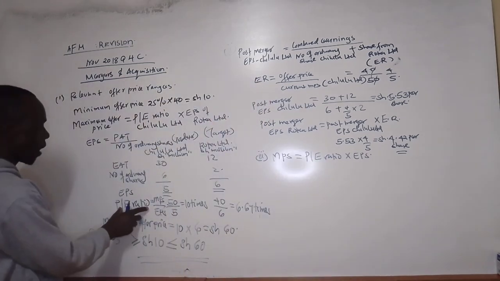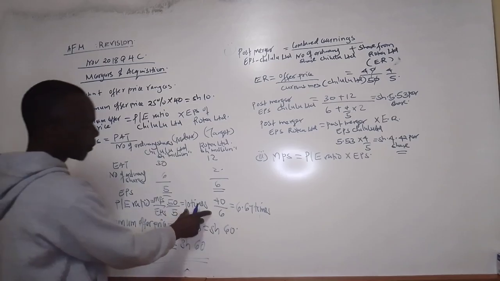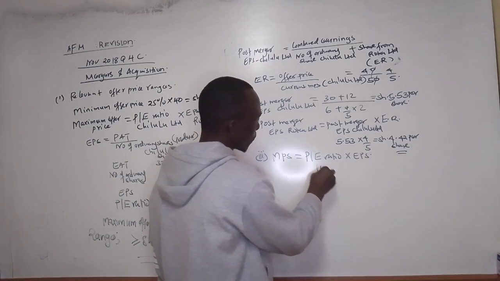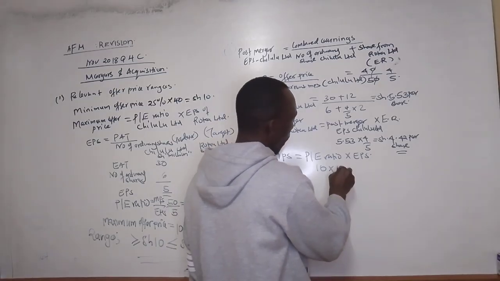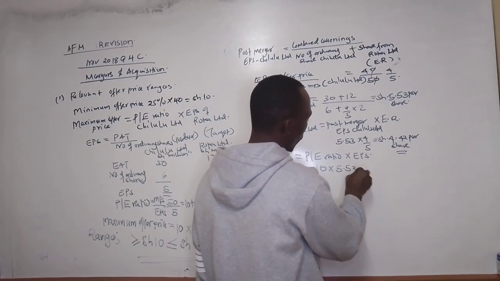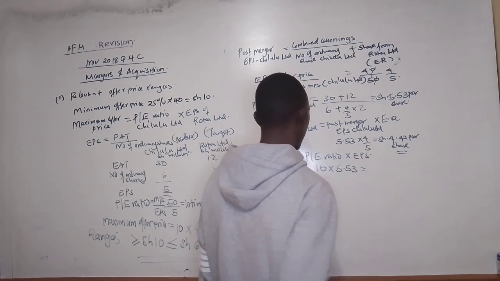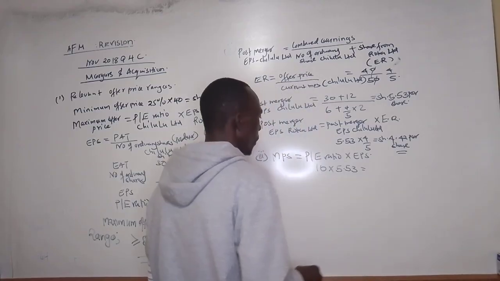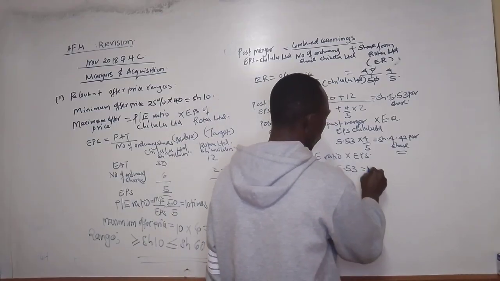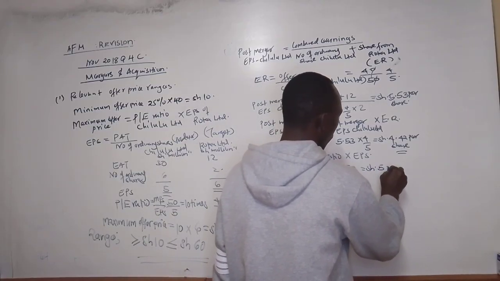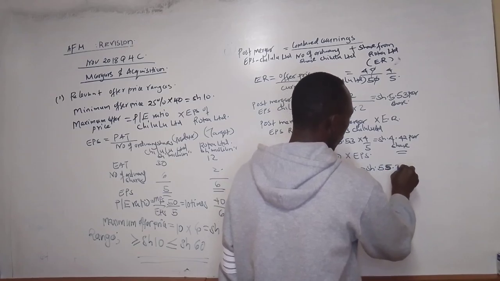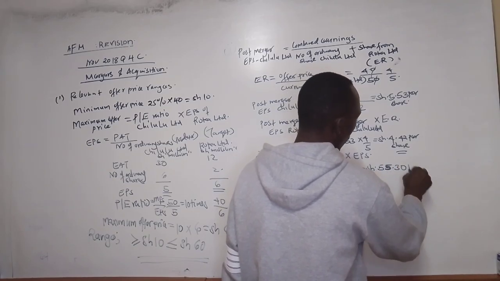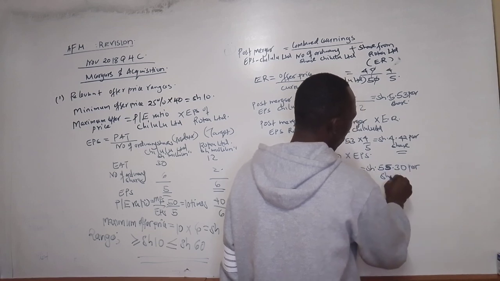Remember, we computed our price earning ratio to be 10 times. So it will be 10 multiplied by 5.53. Therefore, our MPS will be shillings 55.30 per share.